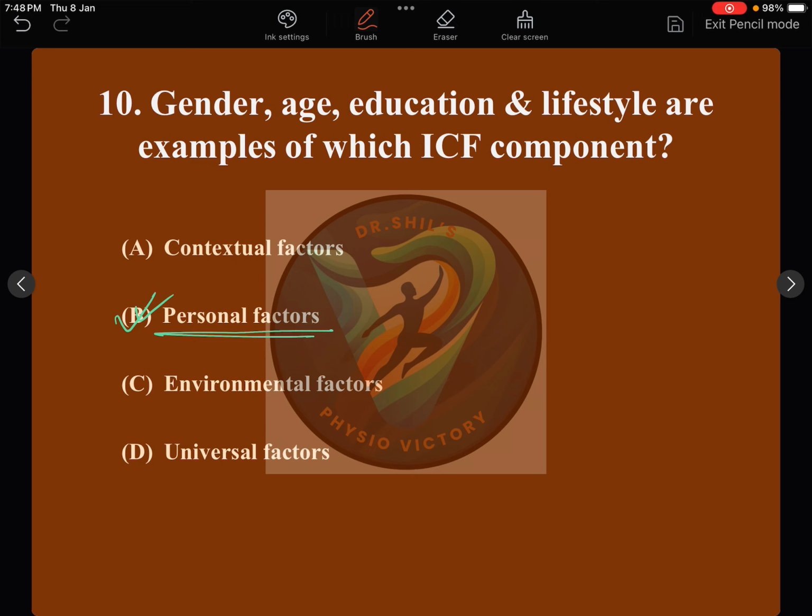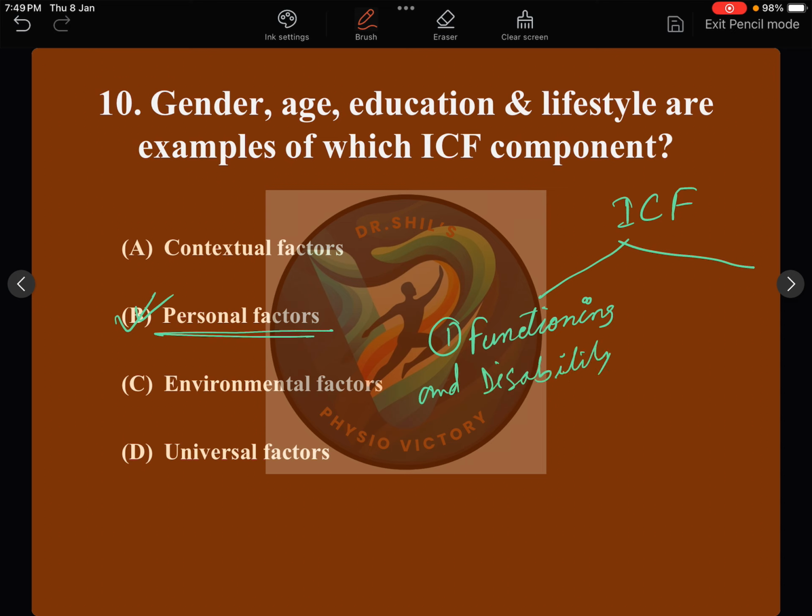Basically, ICF is divided into two parts. One is functioning and disability, and two is contextual factors.